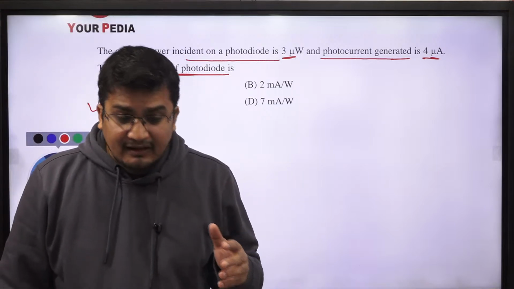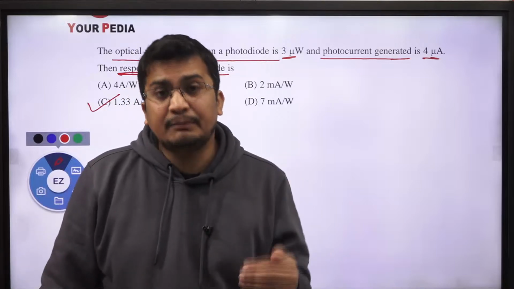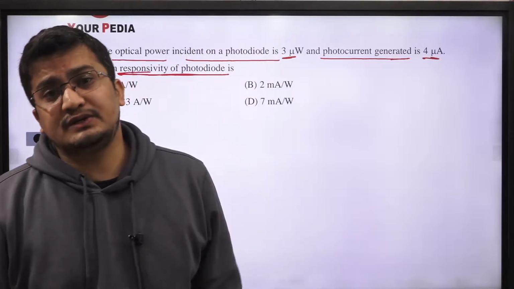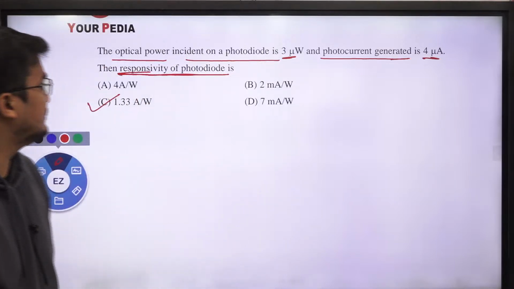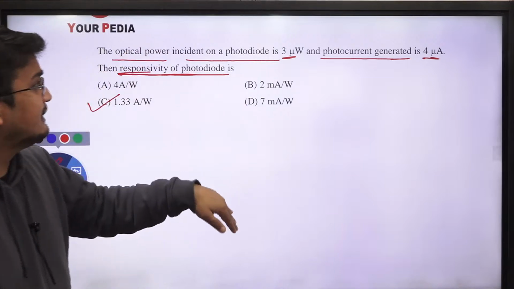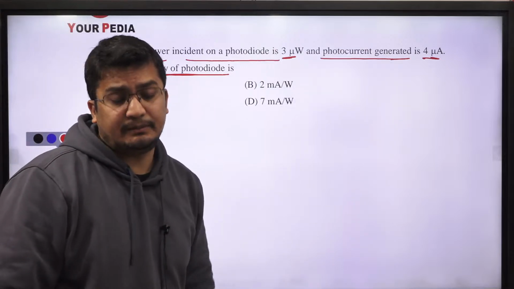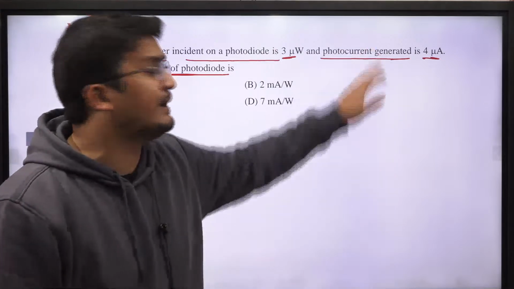In a photodiode, especially a photodetector, the input is light and the output is current. Is it clear? Right? So he is saying the optical power incident, that is the input, is 3 microwatt and the photocurrent generated is 4 microampere. It means the output photocurrent we are getting is 4 microampere.